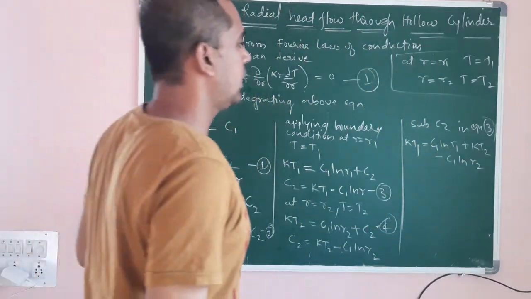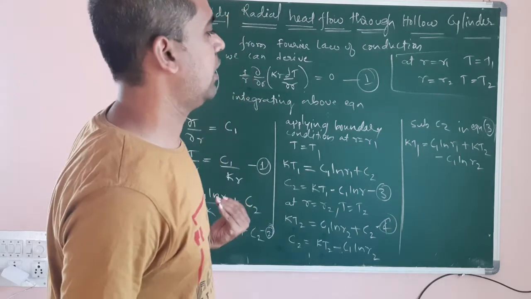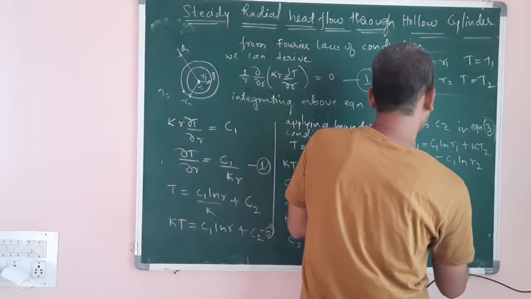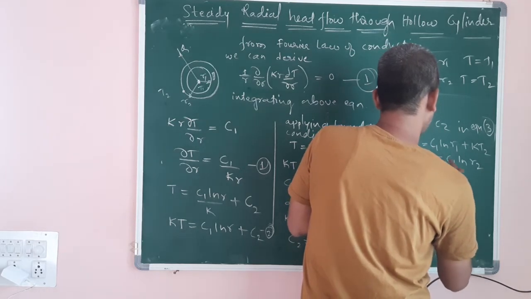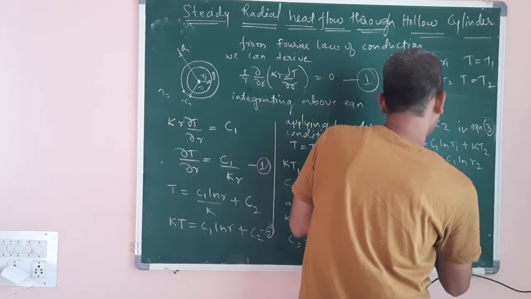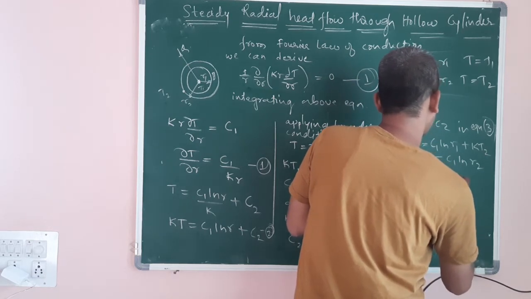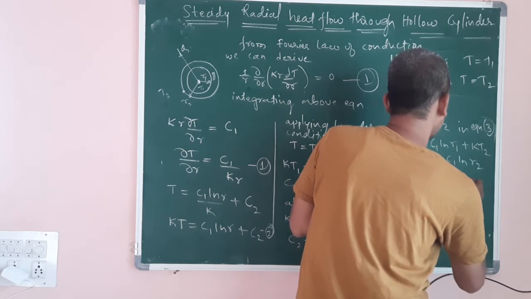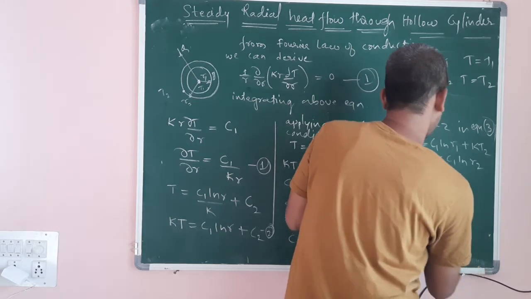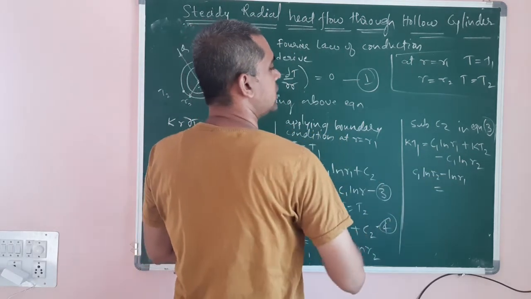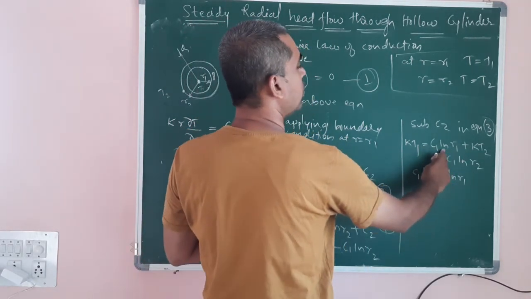I will take T2 and K on one side, R2 and R1 on the other side. Therefore, C1 into, I will take this one on the LHS, ln of R2 minus R1, R2 minus ln of R1, it is equal to C1 ln of R2 in LHS, C2.